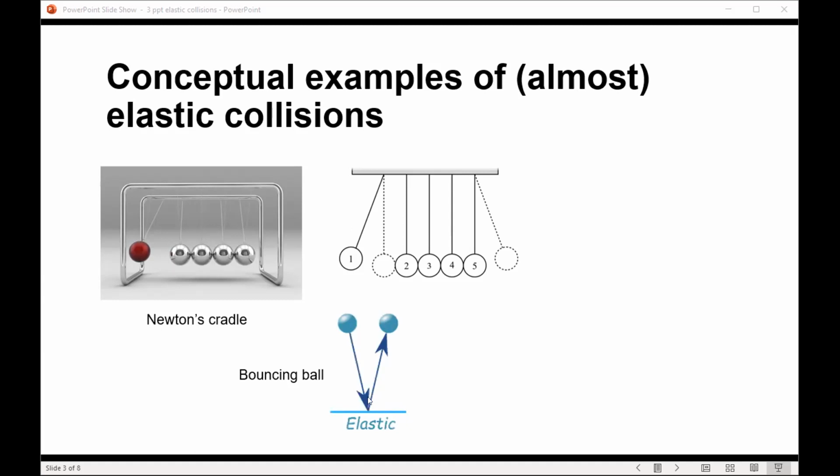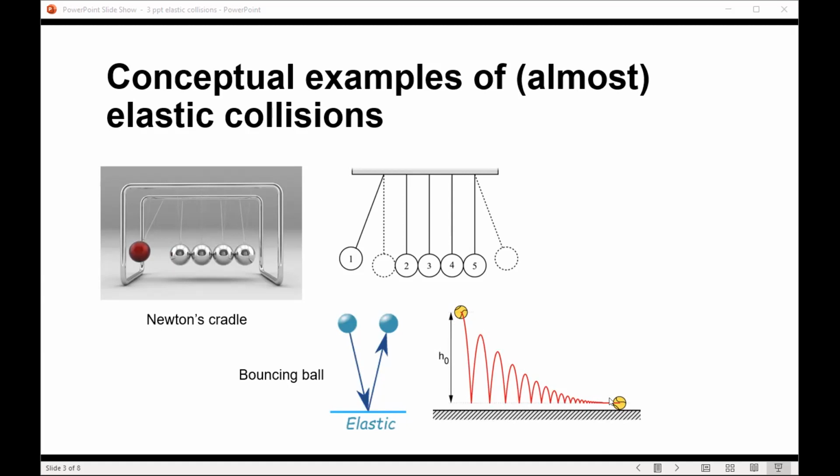A bouncy ball might look like it's going up to the same height, but if you let it keep going over time, you find out it's almost the same height, almost. And over time, damping does occur and the bouncy ball will eventually stop.